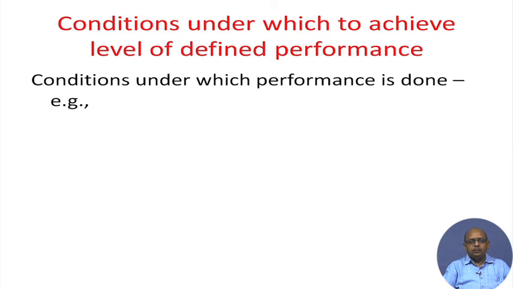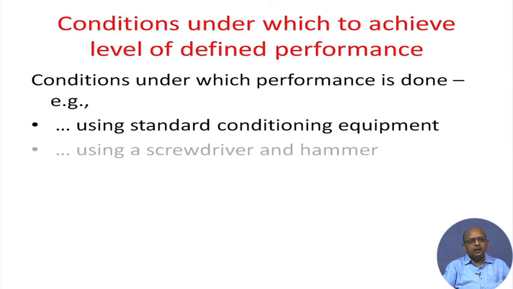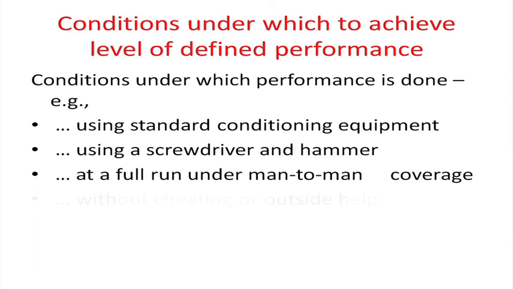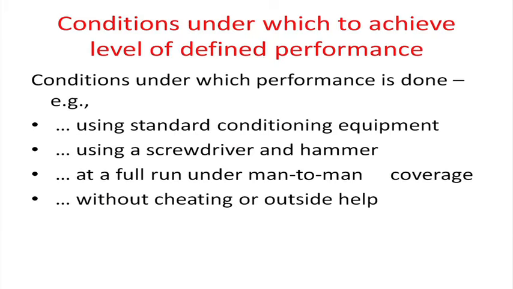How? You have to identify the conditions under which the performance is to be achieved, using standard conditioning equipment when it comes to having good body strength, or using a screwdriver and hammer when you are going to assemble a chair, or at a full run under man-to-man coverage. And finally, without cheating or outside help if you want to graduate. But it is still not the criteria that you are going to meet.